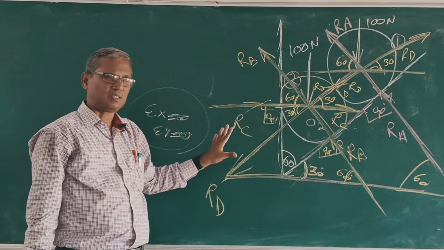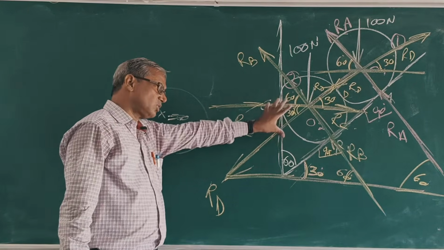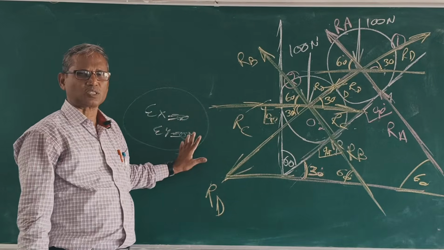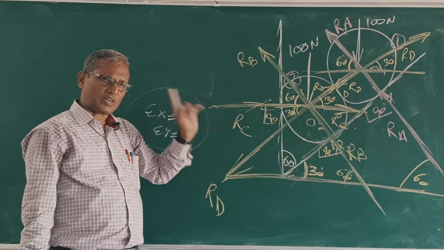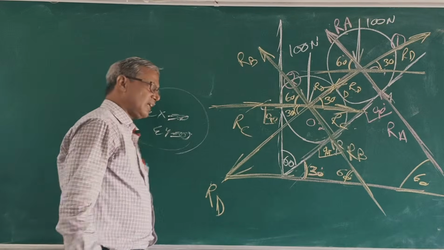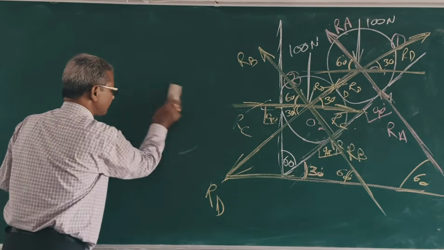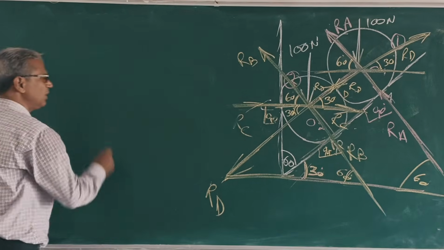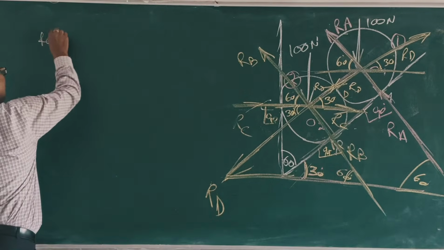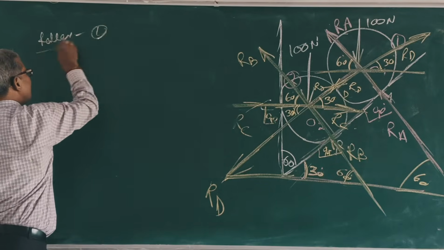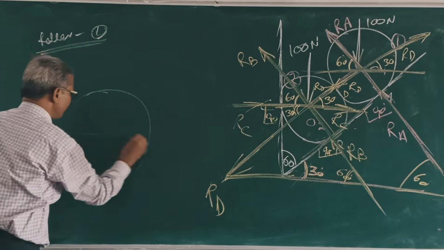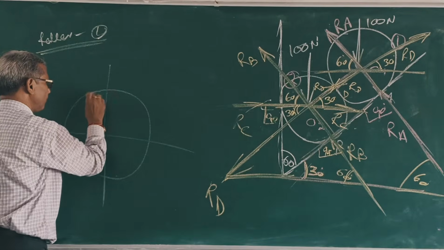Roller 2 has 3 unknowns, which cannot be found using these equations. So first take roller 1. Clear? This is a very important question. Roller 1. Clear?